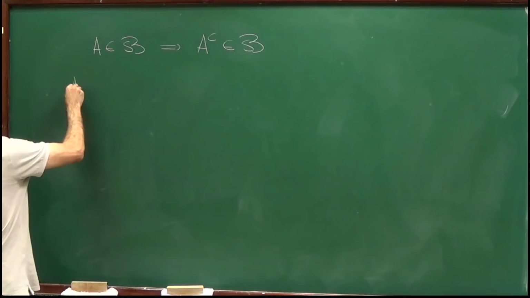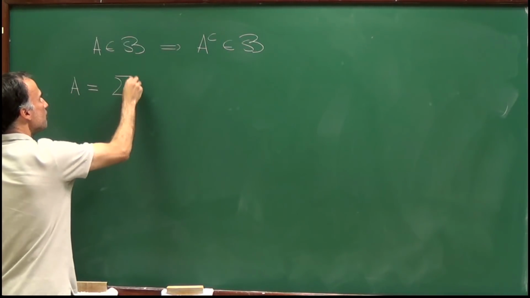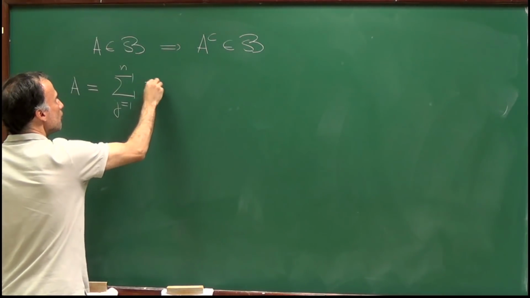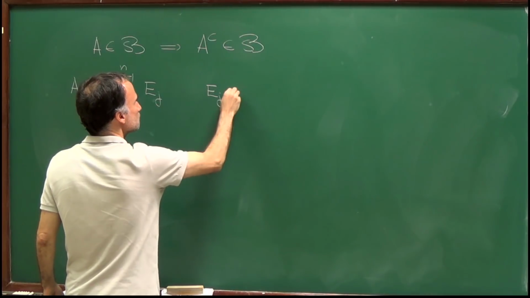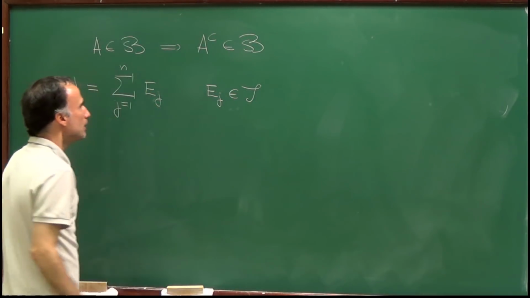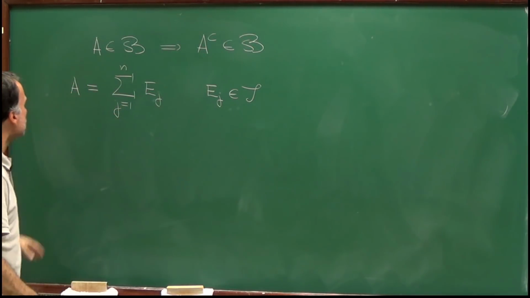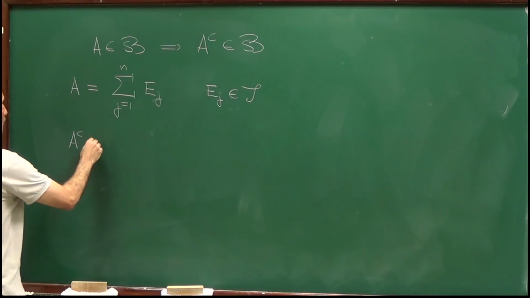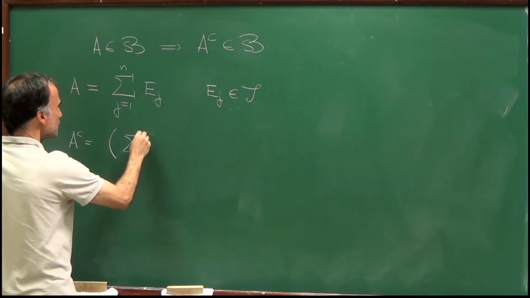Well, A can then be written as a finite disjoint union of elements of the semi-algebra. And we want to show that the complement of A belongs to B. So let's consider the complement of A, which is the complement of this union.